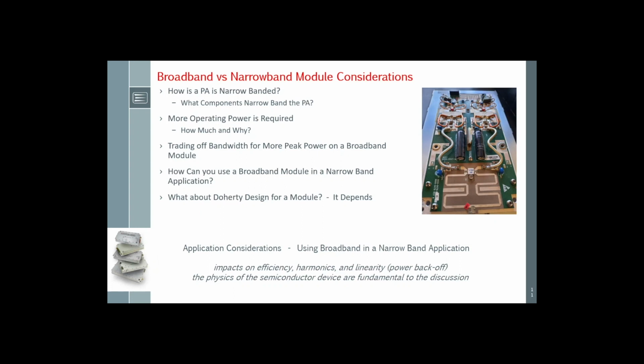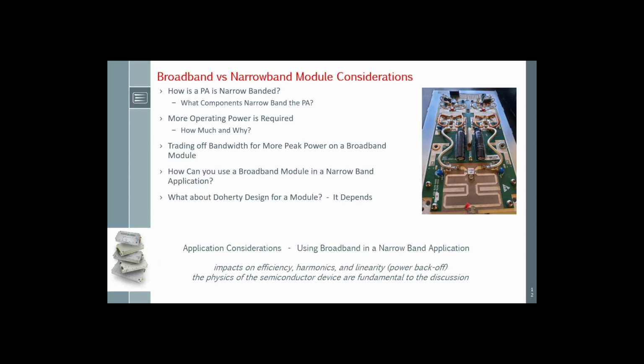And so, Paulo, building on your comments from the last slide and recognizing that application considerations are at the top of the list, how does something like that apply to whether you're going broadband or narrowband? Can you talk for just a minute about some of those trade-offs and important decision criteria?